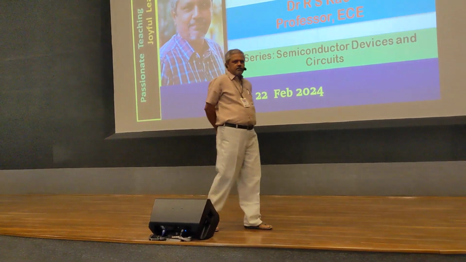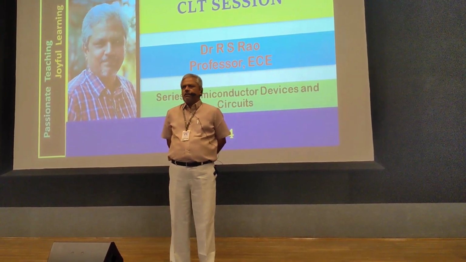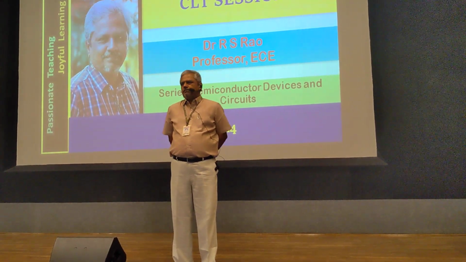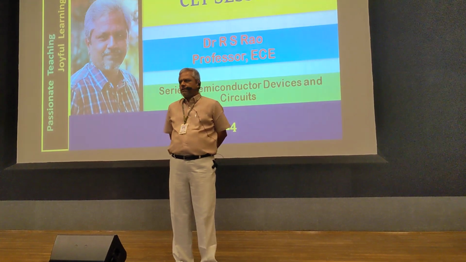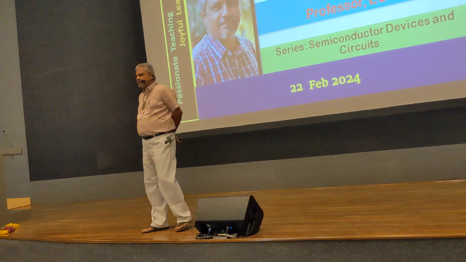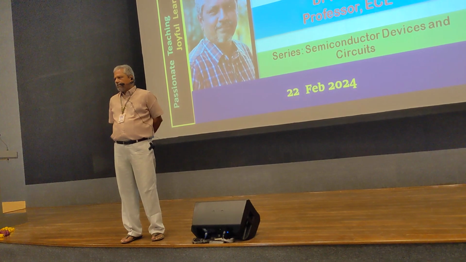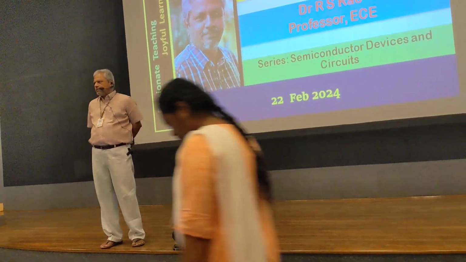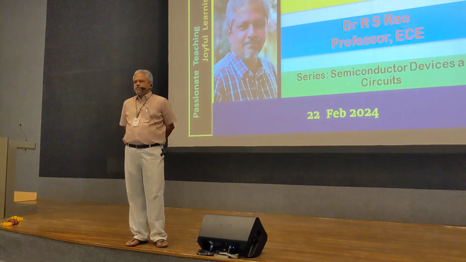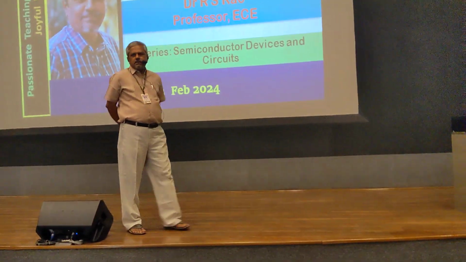Circuit, you all know, is a combination, an interconnection of various electrical elements like R, L, C, and sources. An electronic circuit is a circuit where you can find one or more electronic components like diodes, transistors, etc. So analog electronic circuits: the name indicates electronic circuits which deal with analog signals.